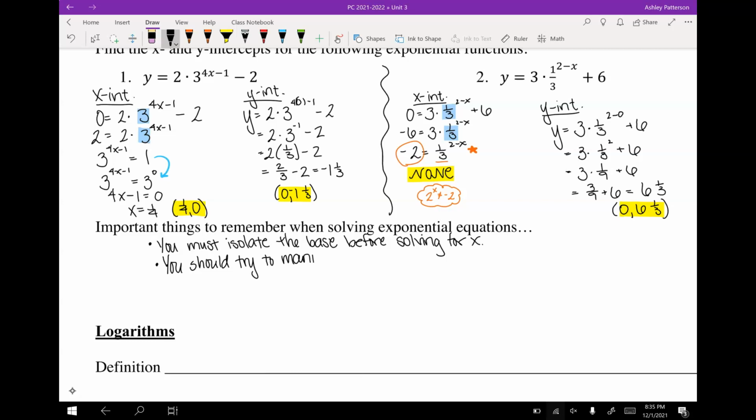So we're going to try to manipulate the bases to be equal. And then if that doesn't work, solve using logarithms. Now, for those of you that weren't with us on Tuesday, make sure you get the notes off of Canvas or from a friend, and then touch base with me if there's gaps or questions you need me to answer or fill in.